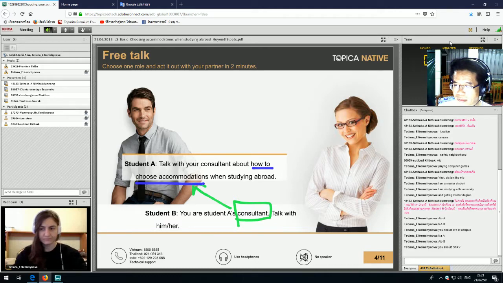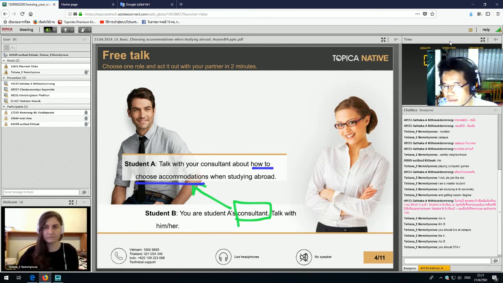Otherwise, if you stay far from the campus, you should choose a location that has a good transportation system. Yes, that's my idea.